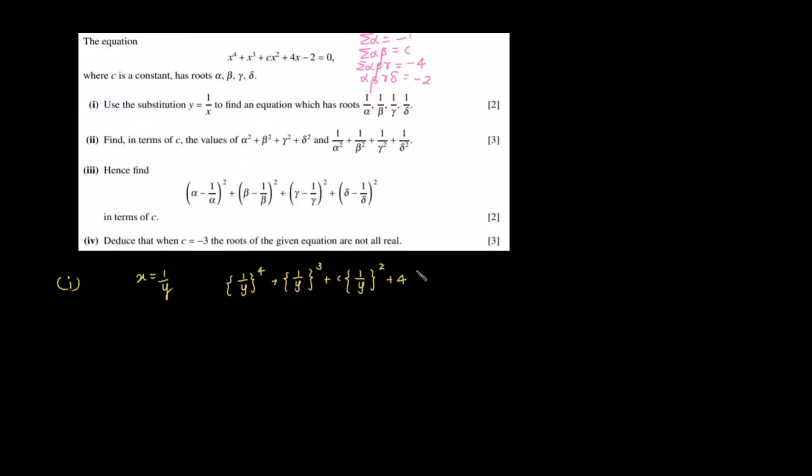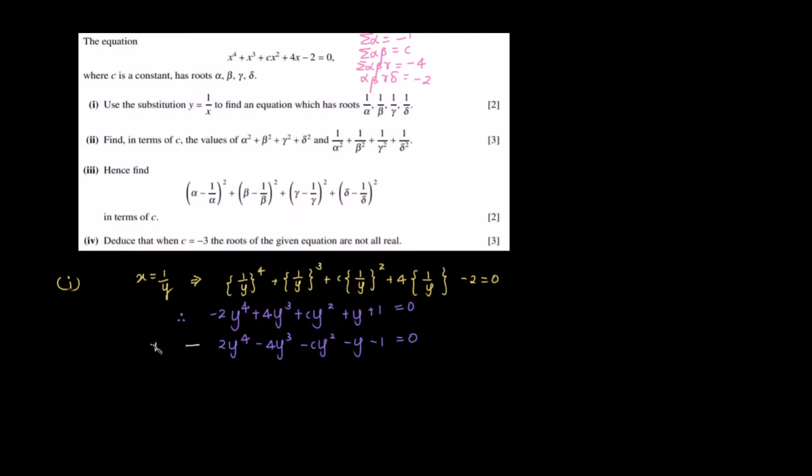Then simplify that, and you'll see that -2 times y to the power of 4 plus 4 times y cubed plus c times y squared plus 5 plus 1 is equal to 0. So you multiply by -1 to make it nicer. And let's label this equation star. It's good common practice.